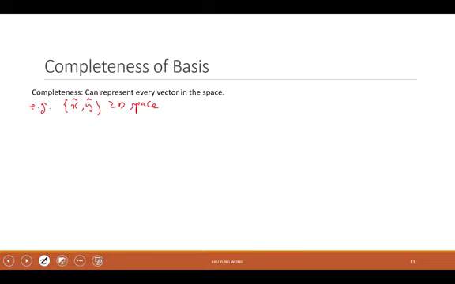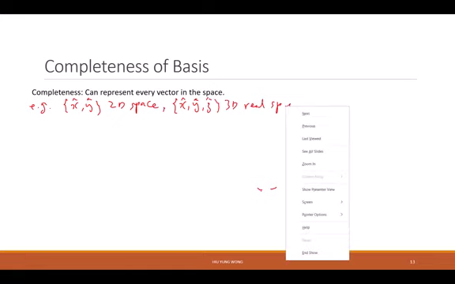Can it be represented by x hat, y hat? No, right? Then it's not complete if you only have x and y. What is the complete basis to represent a 3D real space? Exactly, x, y, z for 3D real space. We know this very well.